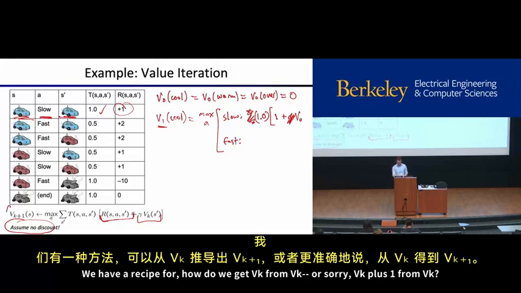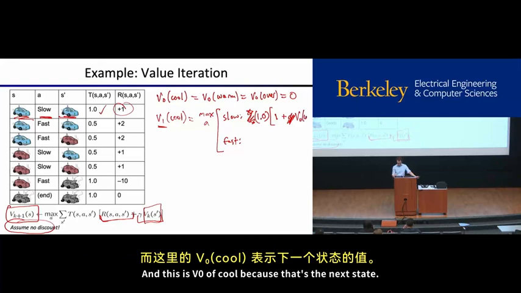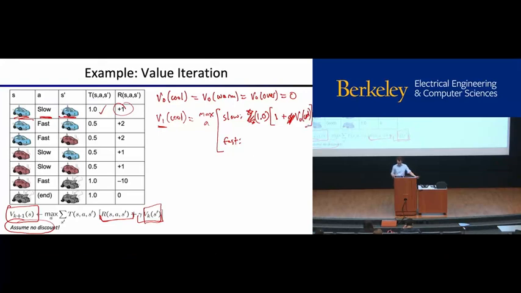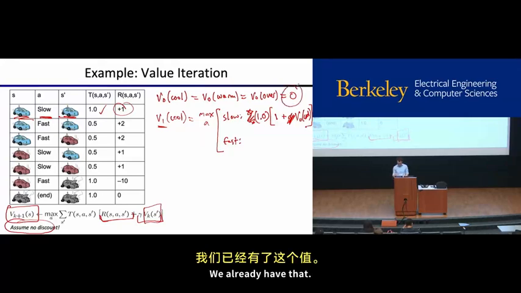We have a recipe for how we get V(k+1) from V(k). So we're trying to define V1, we got to define it in terms of V0, and this is V0 of cool, because that's the next state. Okay? So we can write in the value from here. We already have that.